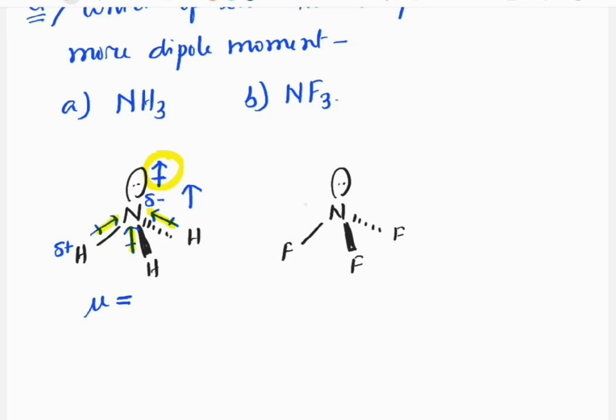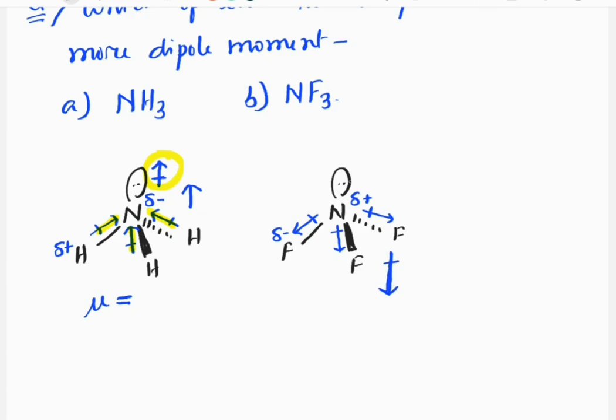But in case of NF3, since fluorine is more electronegative, fluorine will acquire delta minus and nitrogen will acquire delta plus. So the bond moment due to the NF bond is acting in this direction, and the resultant of these three will be acting downward.